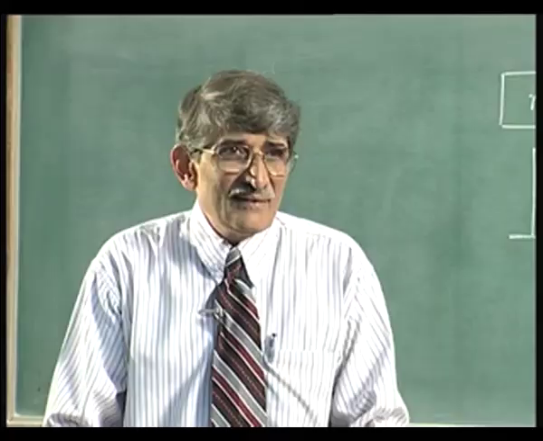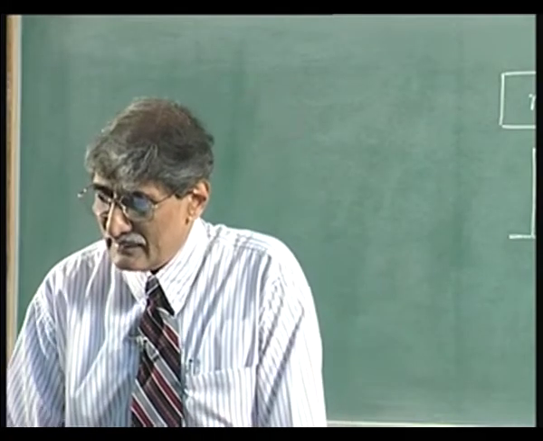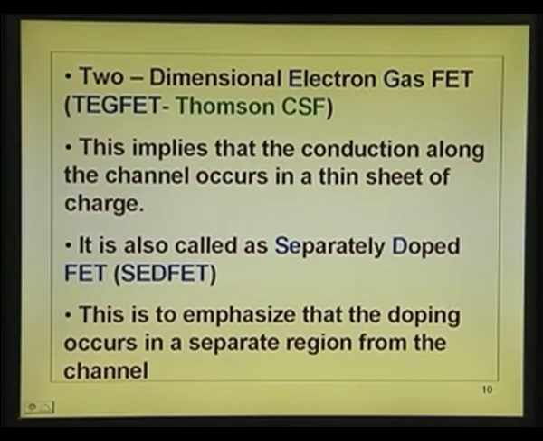So, it is only a way of addressing it. This is emphasized that doping occurs in a separate region from the channel. Okay. I just thought I will bring it to your notice that all these mean the same thing, because MODFET is same as HEMT, SEDIT, TEG FET, all.